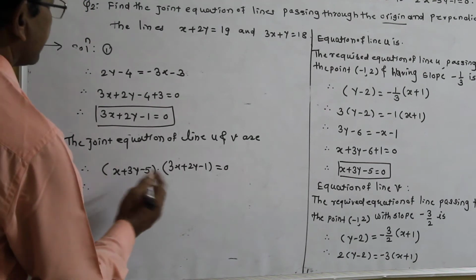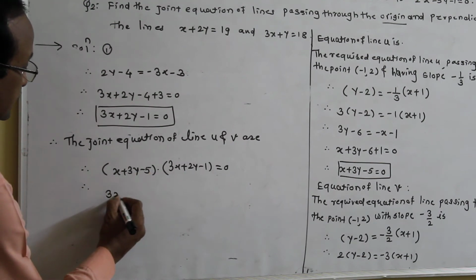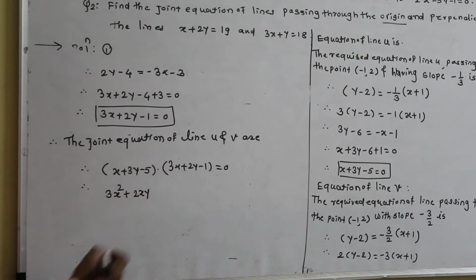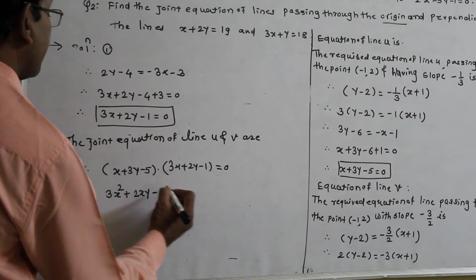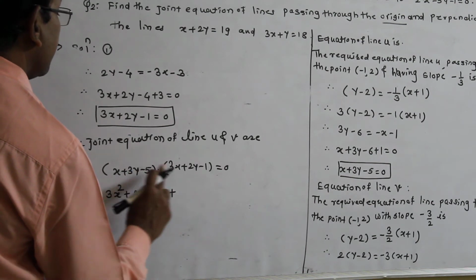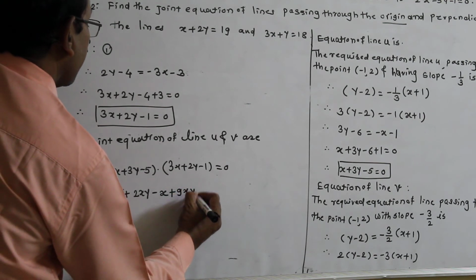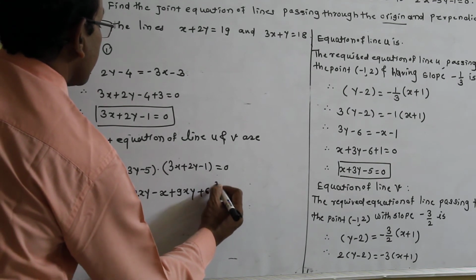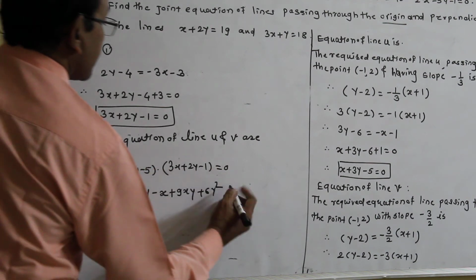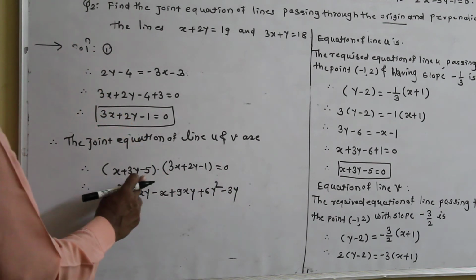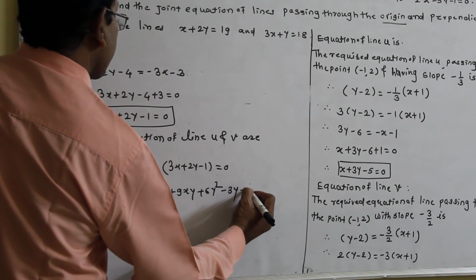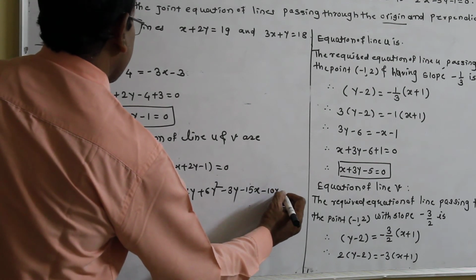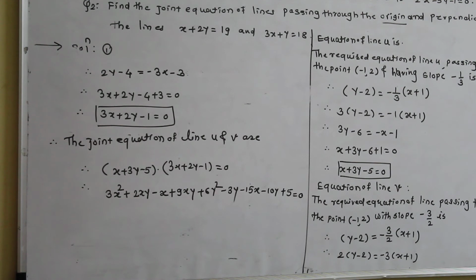So first multiply by x: x into 3x is 3x square, plus 2xy, minus x. Now multiply by plus 3y: 3 times 3 is 9xy, plus 3 times 2 is 6y square, minus 3y. Then multiply by minus 5: it is minus 15x minus 10y plus 5, which is equal to 0.